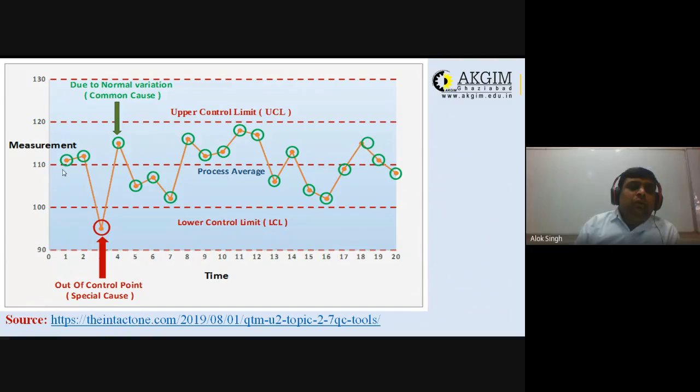If you weigh more than 120, it would be a loss for you. And if you weigh less than 100, it would be a loss for your customer. So basically both will not permit such deviations. So you need to control it, and that's why it is known as the control chart.